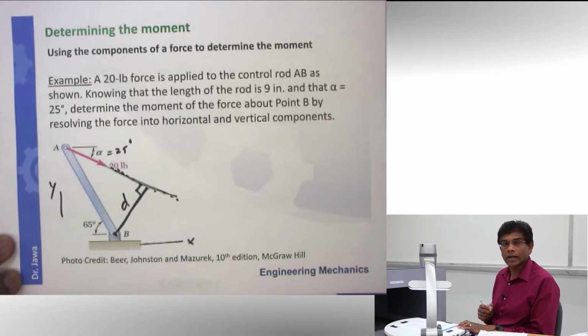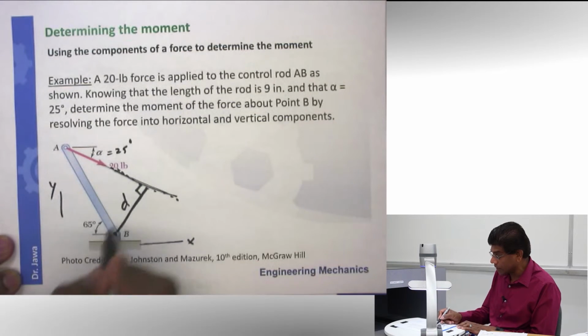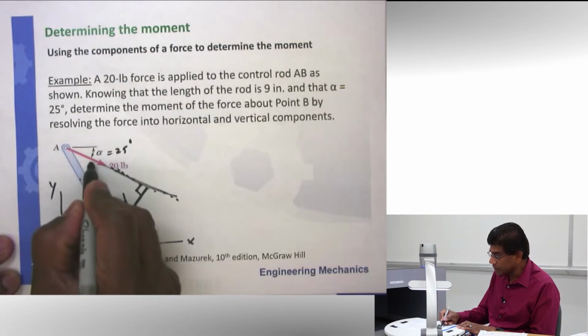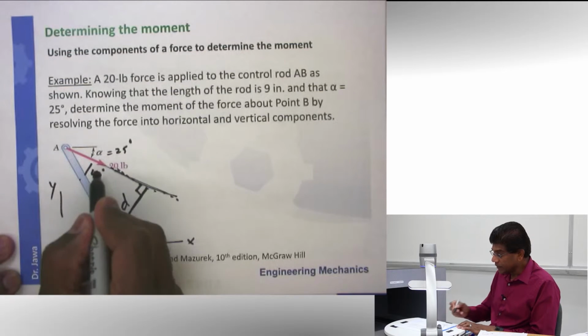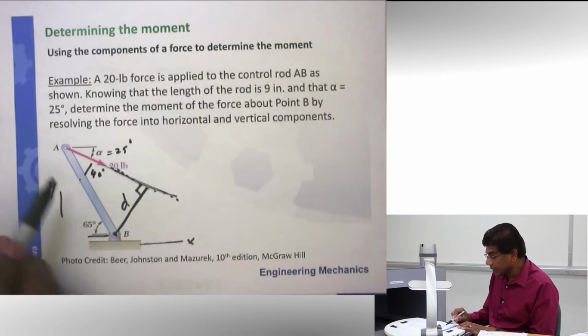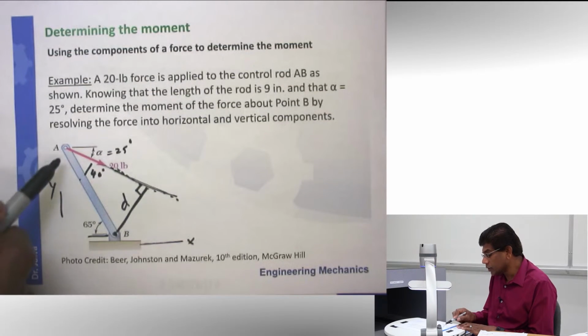So can I calculate the perpendicular distance? It turns out it's pretty easy. Why? Because you have a right triangle here. And we know this total angle is 65 degrees because it is an alternate angle, of which this is 25. So this angle must be 40 degrees. All right? If this angle is 40 degrees, this is 9 inches length.